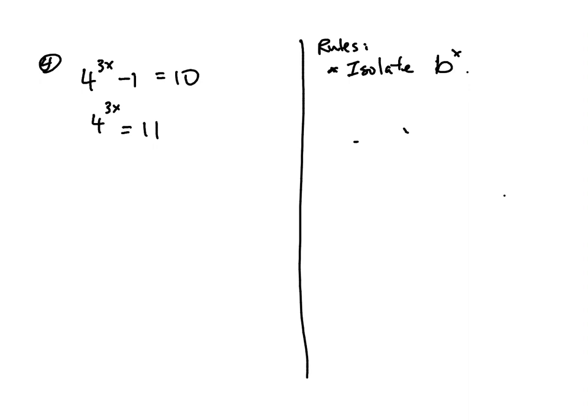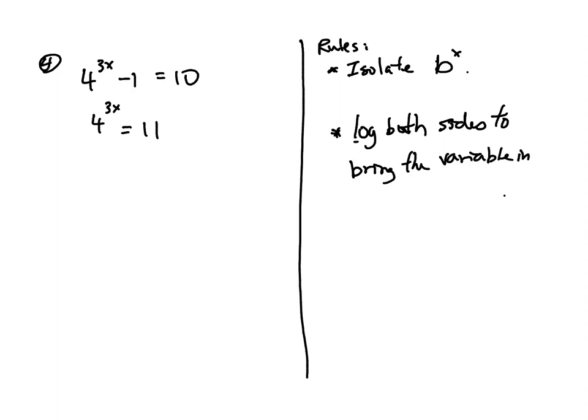Okay. So once you got the b to the x by itself, next thing we have to do is log both sides to bring the variable in the exponent down.